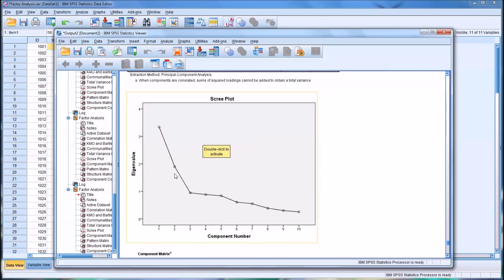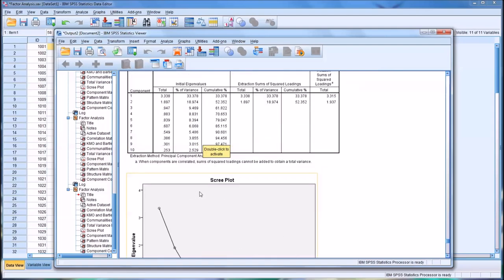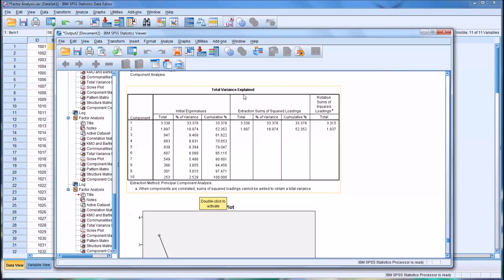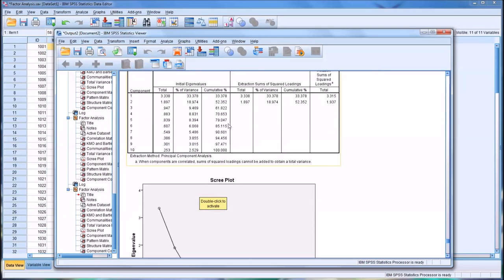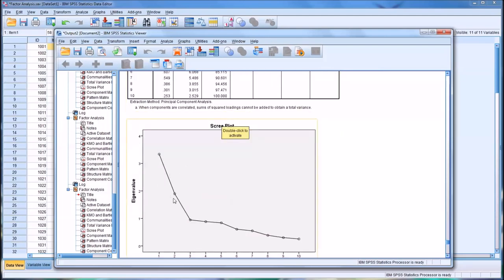You can see you have 1, 2, but this third potential factor didn't meet the cutoff. So these two components, moving back up to total variance explained, account for 52% of the variance. So not ideal. Certainly a larger number here would be better, but still, you can see from the scree plot they are above the eigenvalue of 1.